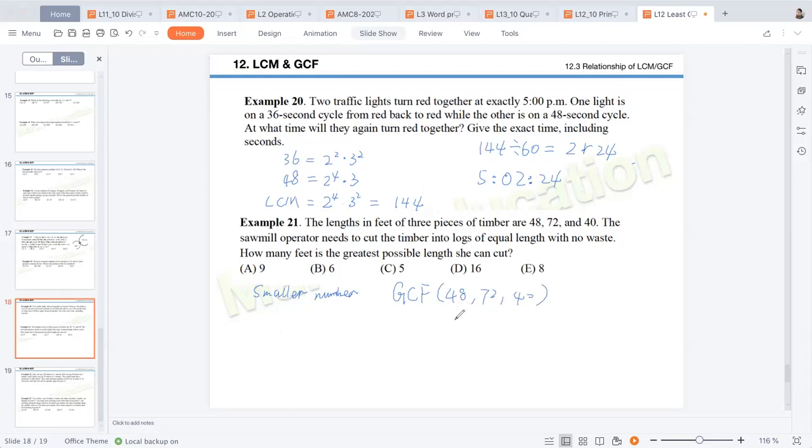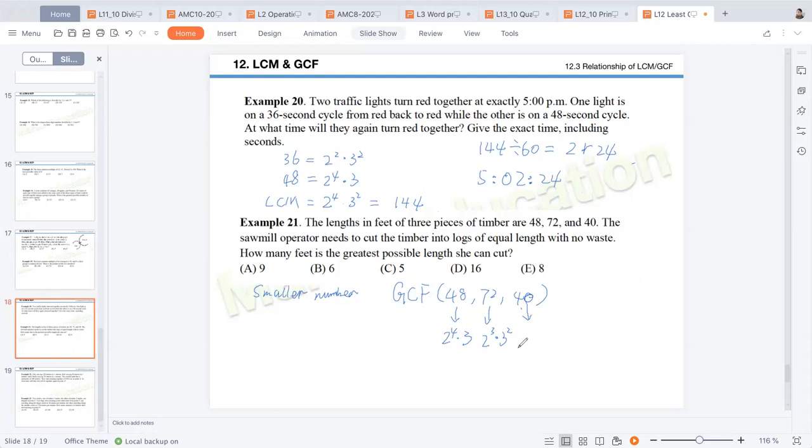So change this to 2 to the 4th power times 3. Change this to 2 to the 3rd power and 3 cubed. Tony, give me the right answer.